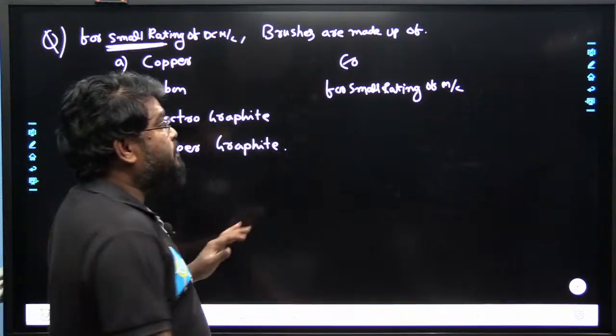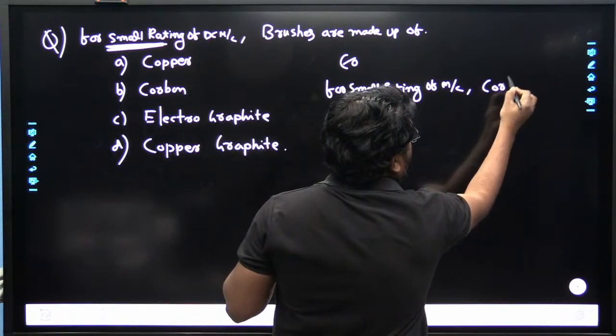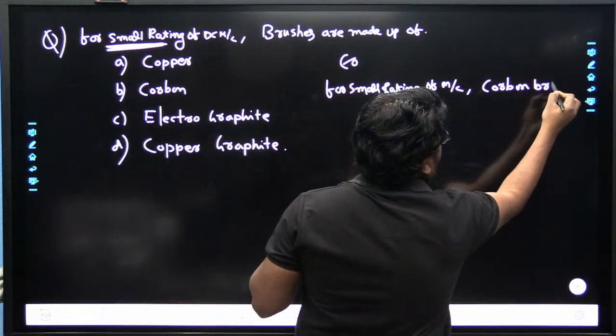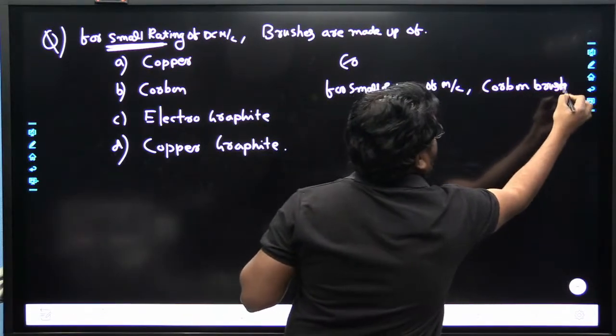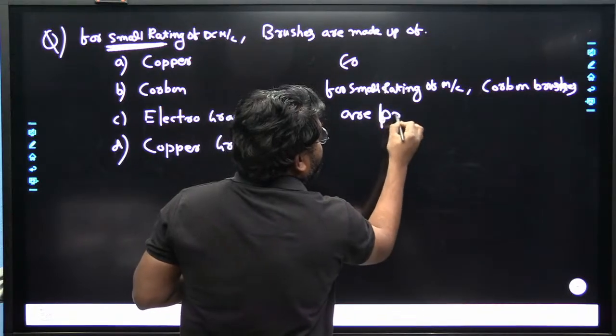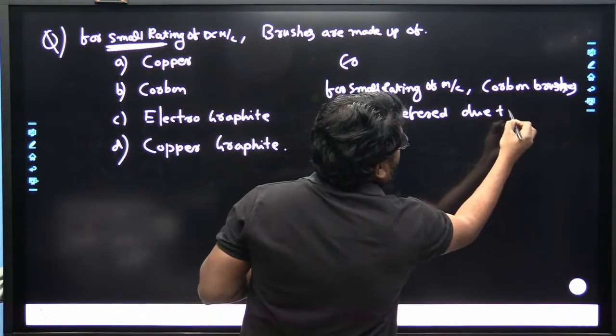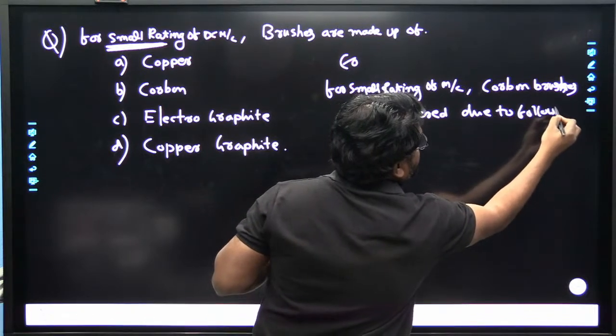So for small rating of the machine, carbon brushes are prepared due to the following reasons.